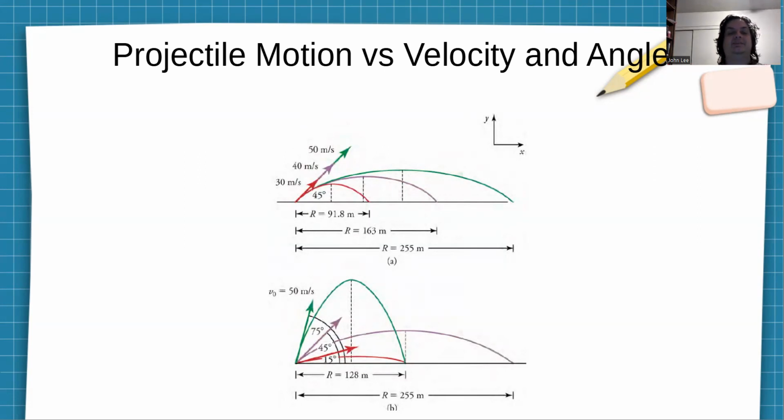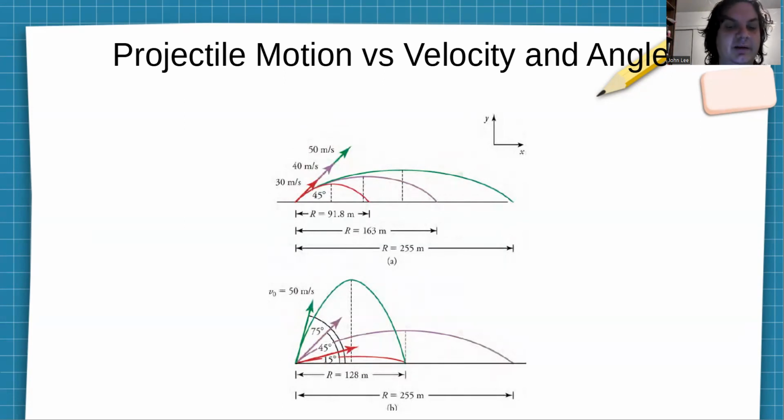So 45 degrees is going to be the longest range that you're going to see, but you also find that 15 degrees and 75 degrees are going to have the same range, even though they left off at different angles.